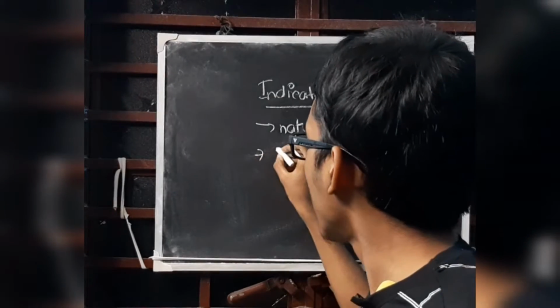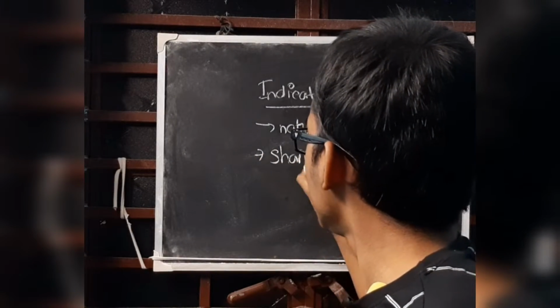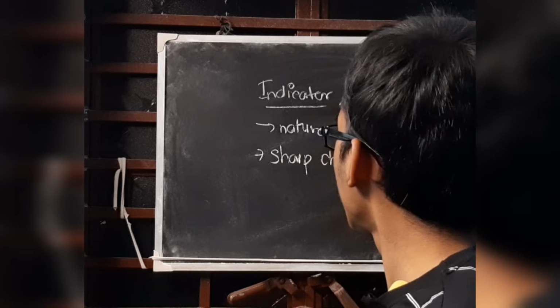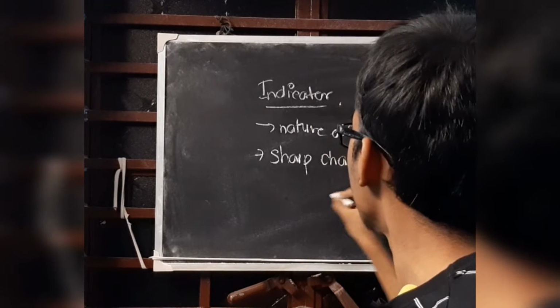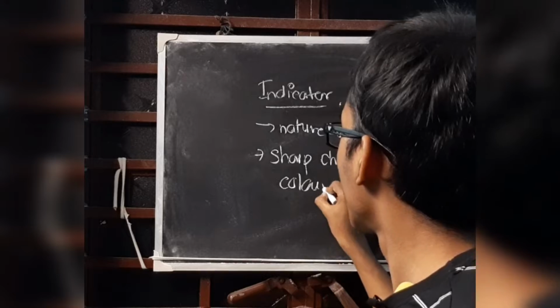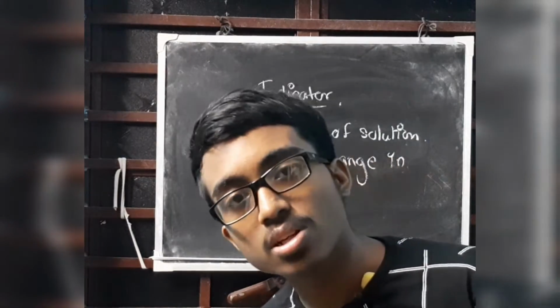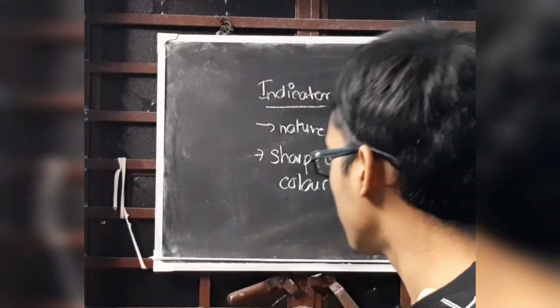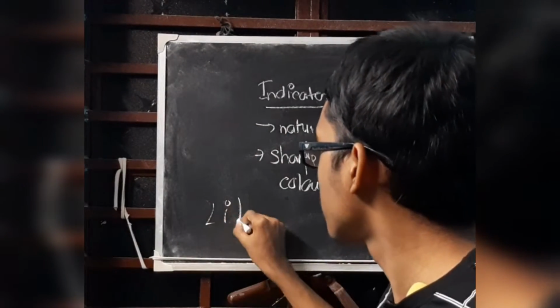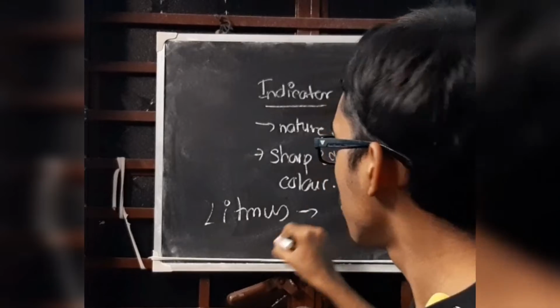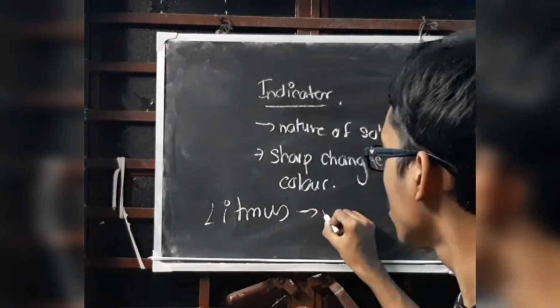How? By a sharp change in color. So an indicator is basically going to show the nature of the solution by a sharp change in color. Example, litmus. You put an acid, it will turn red.